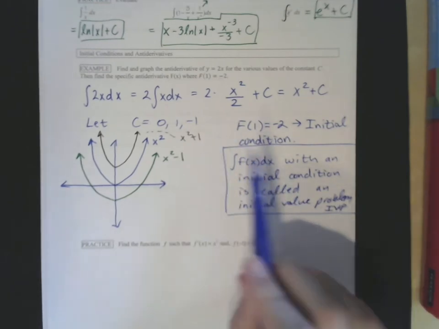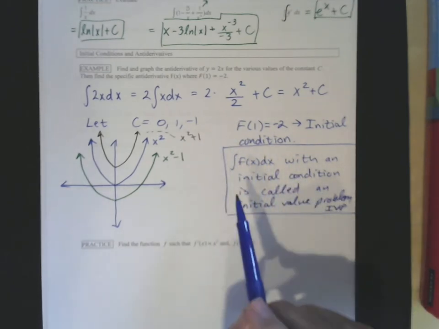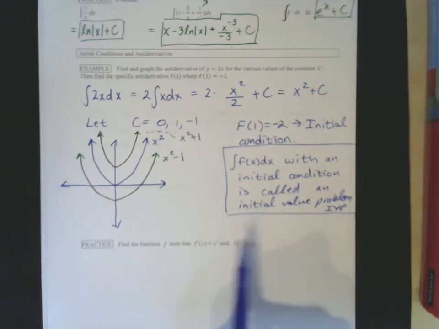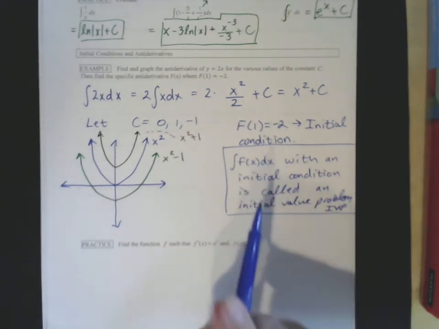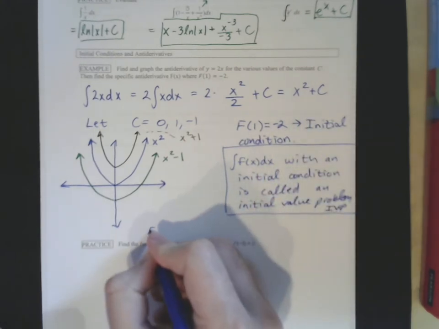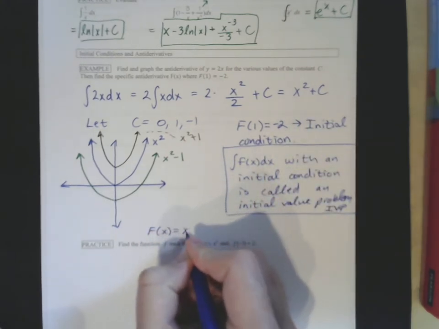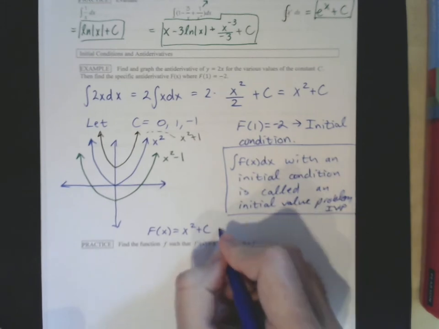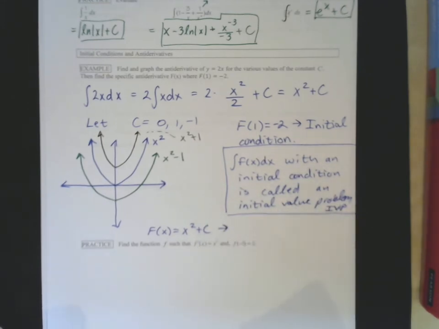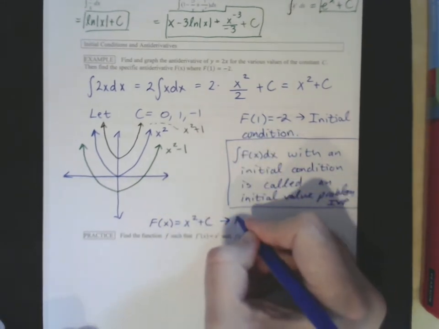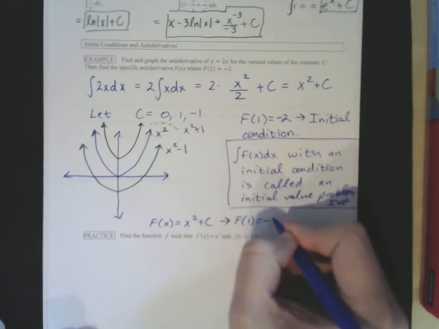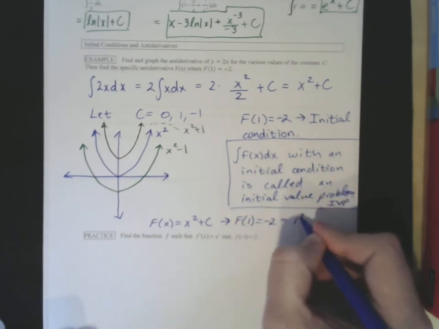So whenever you're given an integral to solve and you're given an initial condition with it like we are, we're solving an initial value problem. So the way that we do that is we take our f of x and we're going to say this is x squared plus c, and now we're going to plug in our initial condition. So f of 1, which equals negative 2, would be 1 squared plus c.